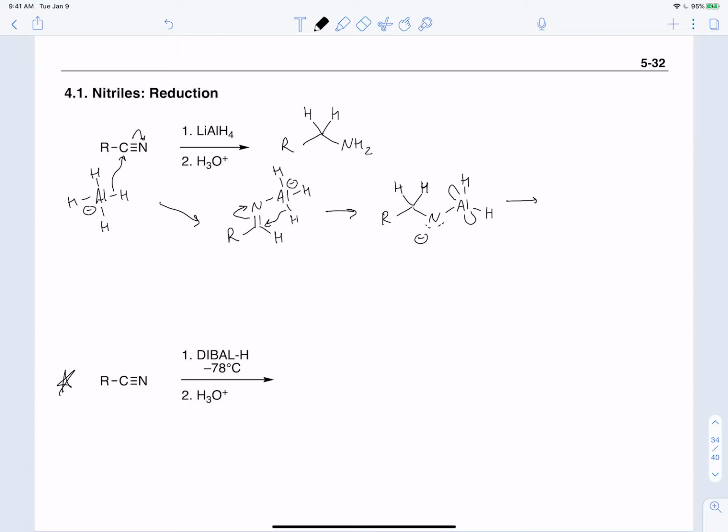So you can think about having stabilization from that empty p orbital to accept some of this electron density and almost make an aluminum-nitrogen double bond. So this will now satisfy the octet on aluminum. And then on workup, you add some water, and we'll be able to break the nitrogen-aluminum bonds and protonate the nitrogen overall.